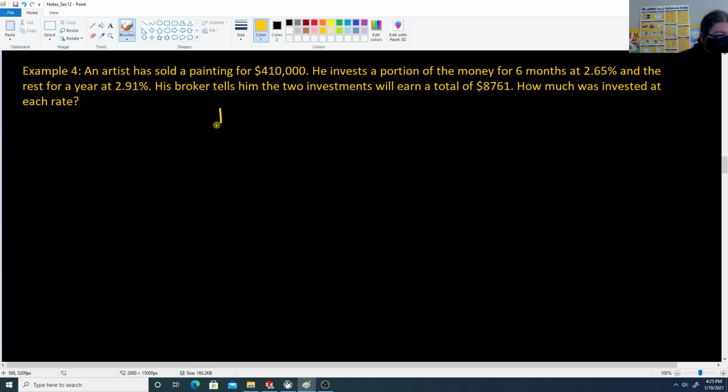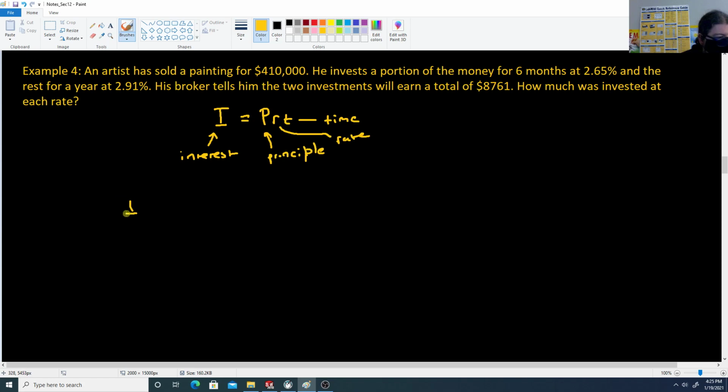So we're going to use the I equals PRT equation for interest. So this says interest equals principal times rate times time. Okay, so what we're going to set up here is we're going to say the amount of interest from the first account.